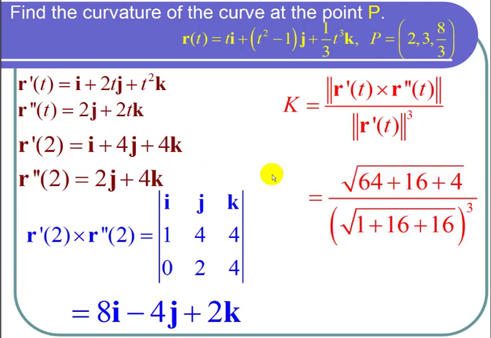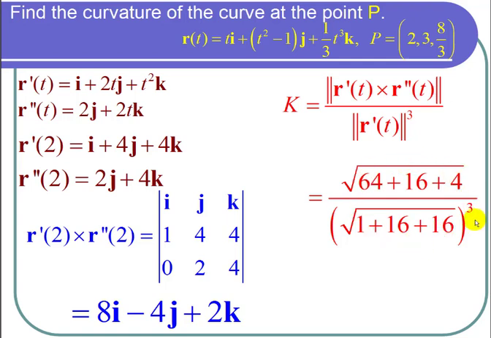So I do that. I take the square root of 8 squared, which is 64, plus negative 4 squared, which is 16, plus 2 squared, which is 4. And I divide by the cube of the square root of 1 squared, which is 1, plus 4 squared, which is 16, plus 4 squared, which is another 16.